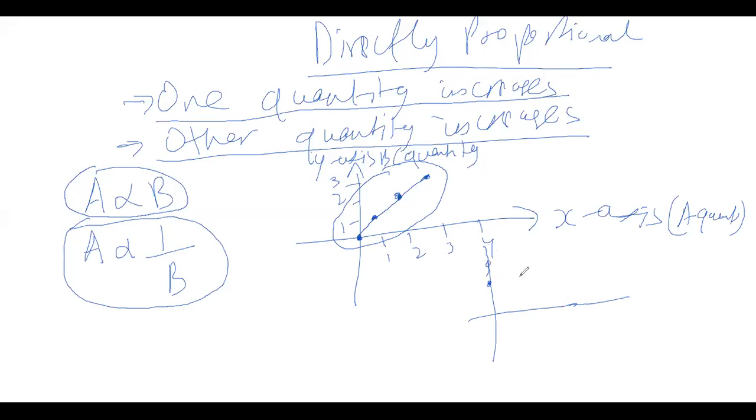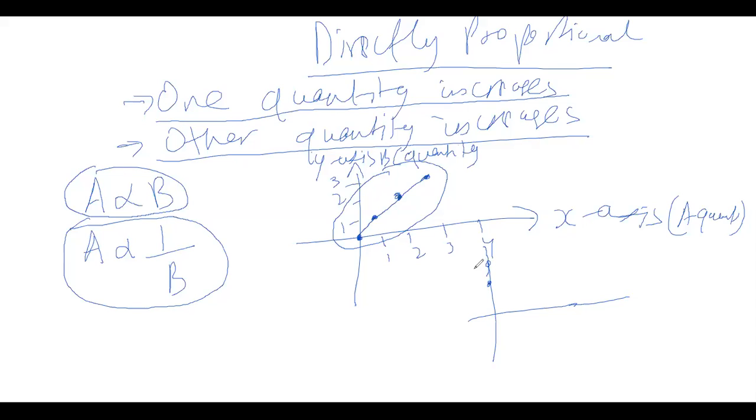So you see, now the change is not constant. In this scenario, we say that as quantity A increases, quantity B is also increasing, but this relationship is not directly proportional.